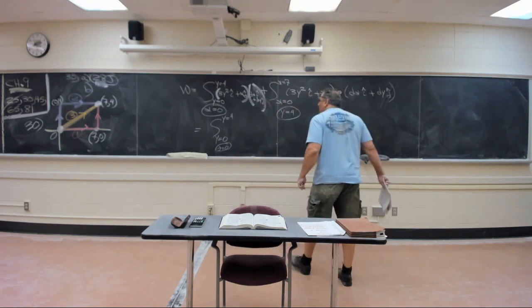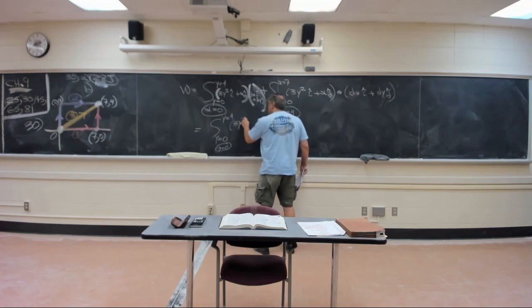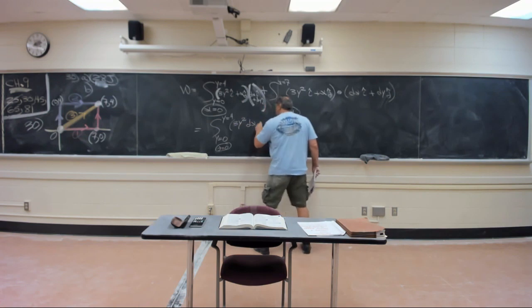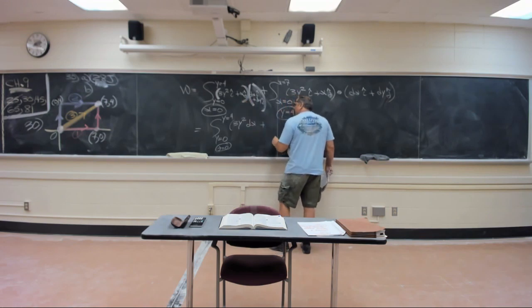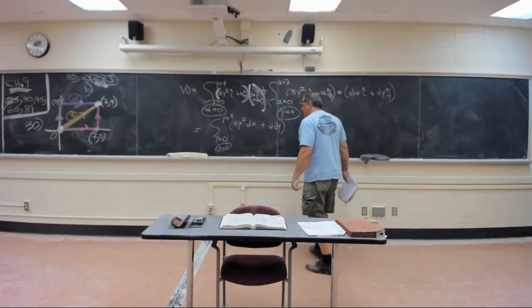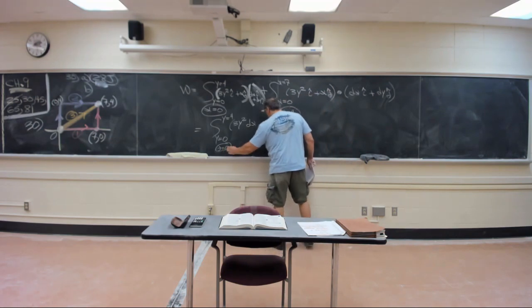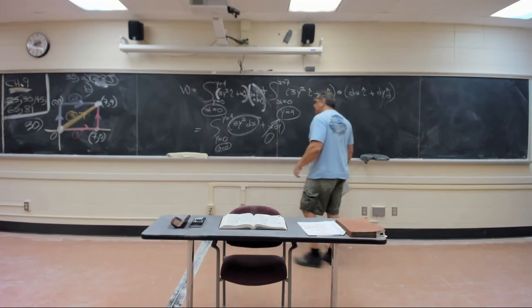This is at x equals 0: i hat dot i hat gives 3y squared dx, and j hat dot j hat gives x dy. When you put x equals 0 right here, that whole term goes to 0, and you're just left with the other.